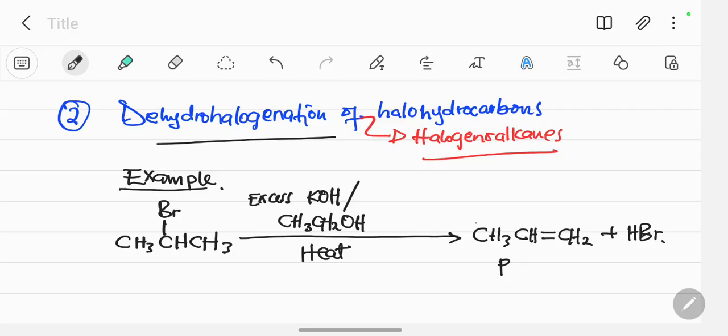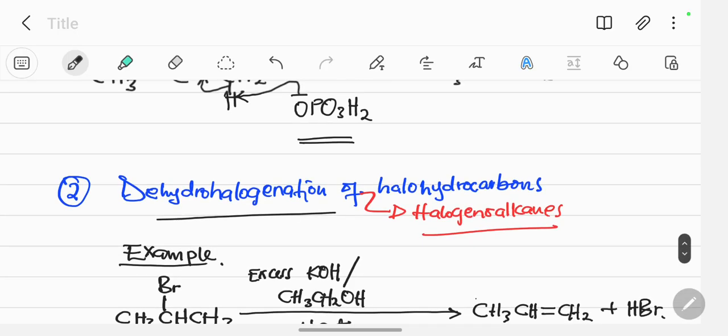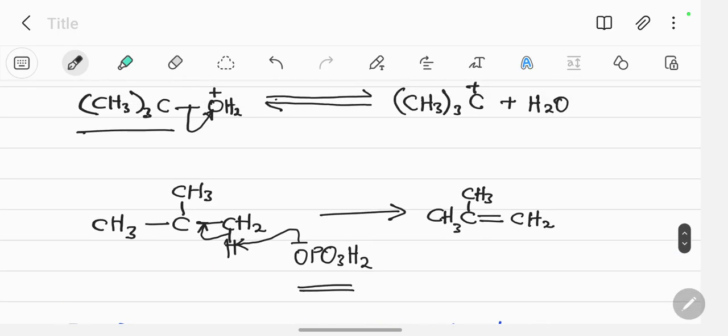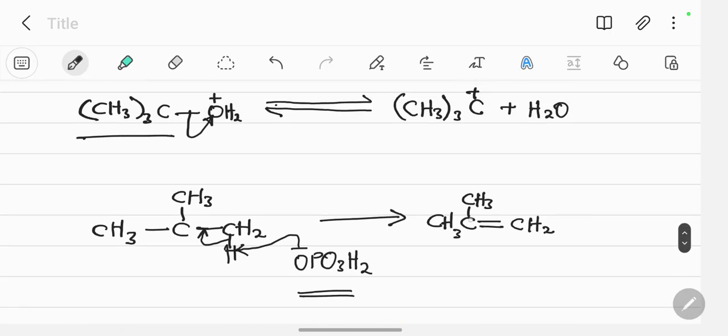If it's an alkene, it's propene. By the way, we didn't name this alkane here. What's the name of this alkane? First, identify the longer chain. The longer chain is this, and this is the side branch.